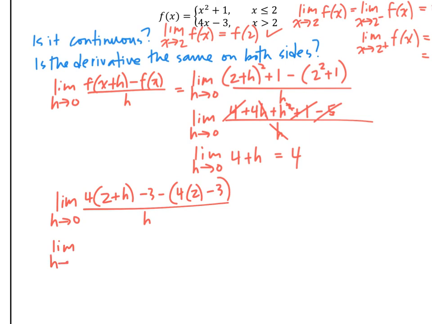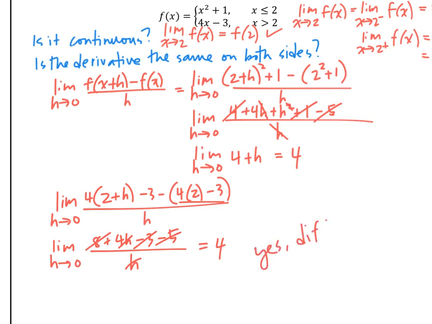The limit as h goes to 0 of 8 plus 4h minus 3 minus 5, over h. 8 minus 3 is 5, minus 5 is 0. The h cancels, we get 4. So is it differentiable? Yes, it meets both requirements. It's continuous and the derivatives from both left and right are the same. So yes, differentiable at x equals 2.